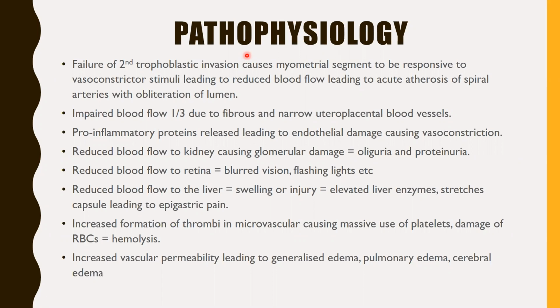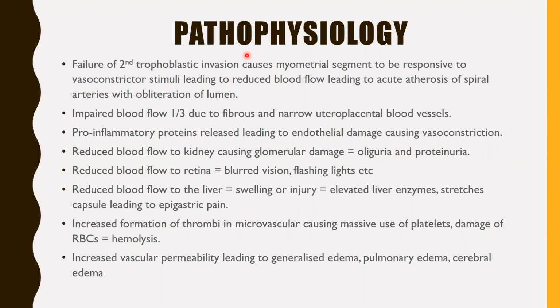And so you see that there's reduction in the flow of blood to the kidneys, which will cause glomerular damage. And when the glomerulus is damaged, it causes oliguria, as well as proteinuria, just as we saw when we are trying to diagnose someone with preeclampsia.